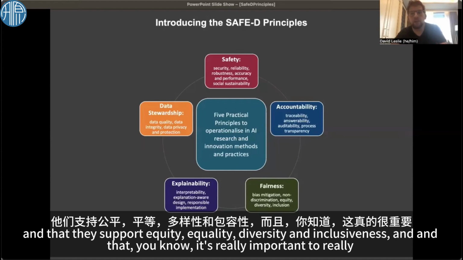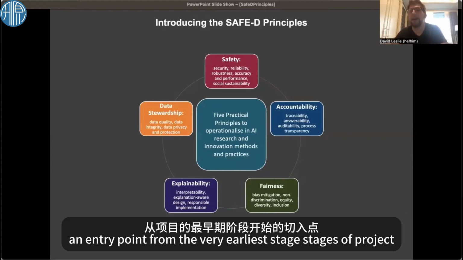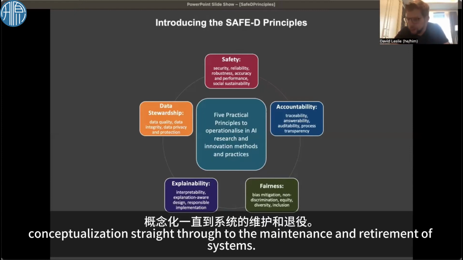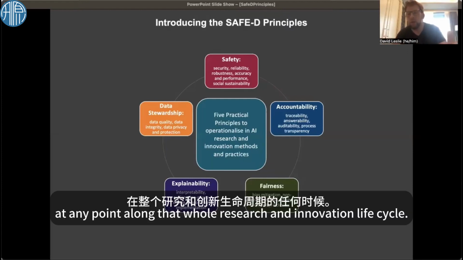And it's really important to stress that fairness or non-discrimination by design involves an entry point from the very earliest stages of project conceptualization straight through to the maintenance and retirement of a system, because issues of equity and bias can appear at any point along that whole research and innovation life cycle.